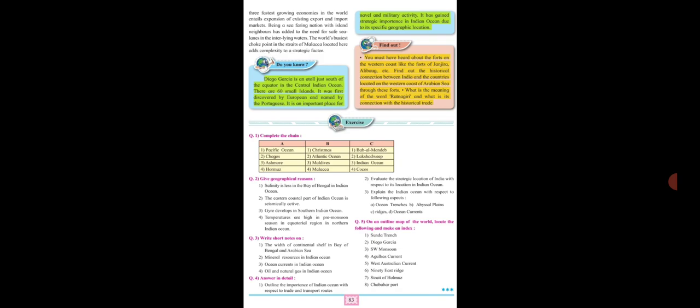Then I spoke to you about the importance of the Indian Ocean. What important points do we derive? It supports some of Asia's biggest economies. It contains three of the busiest straits: Hormuz, Malacca, and Bab el Mandeb.